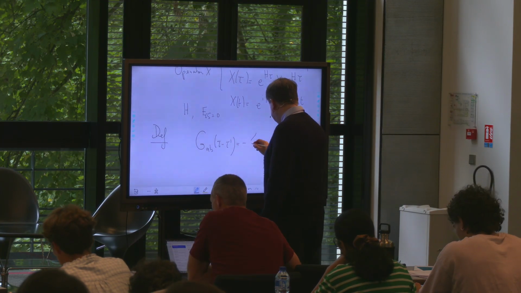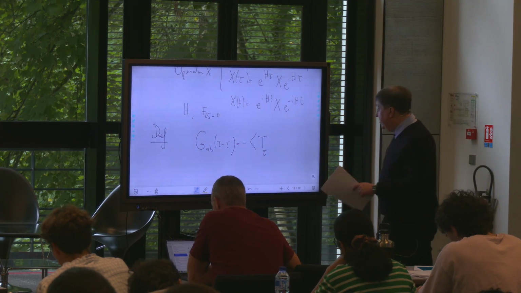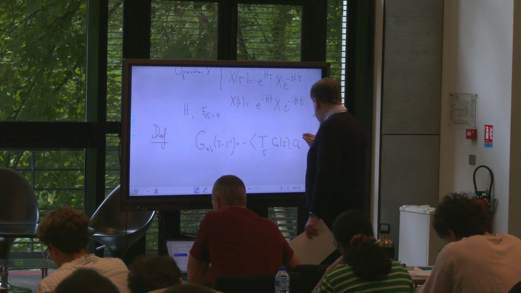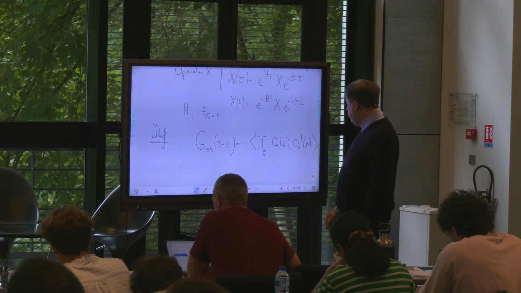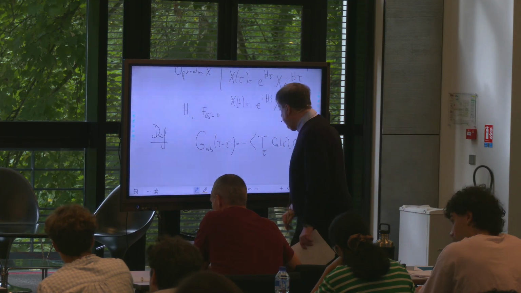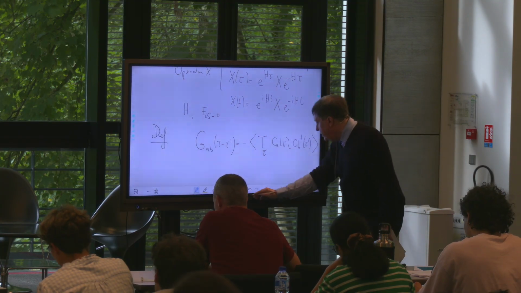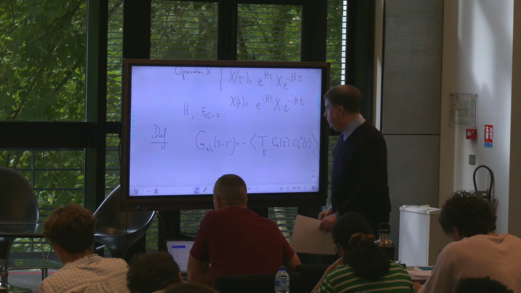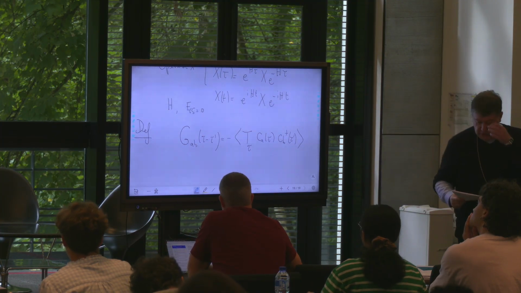This is minus the time-ordered operator between C a of tau, C b dagger of tau prime. That's the definition of G.